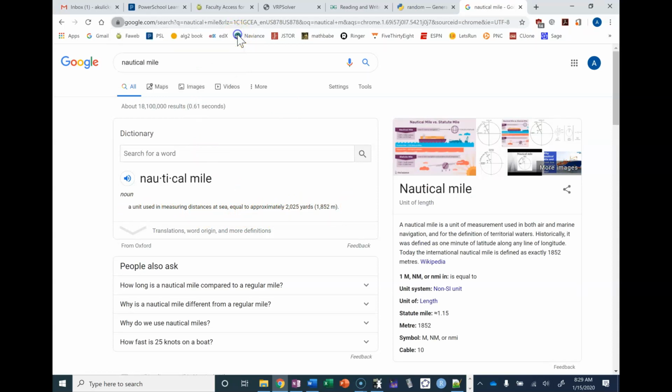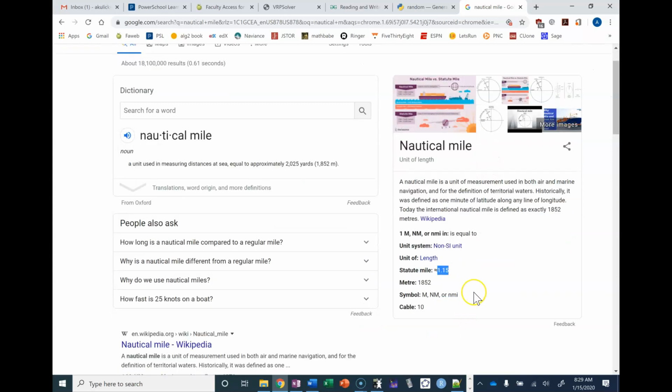There you go. Yeah. So that's a lot more than a mile. So it's equal to 1.15 statute miles, which I think is the land mile. It was defined as 1 minute of latitude and longitude. There you go. So when it says minutes like that, it doesn't mean minute in time.